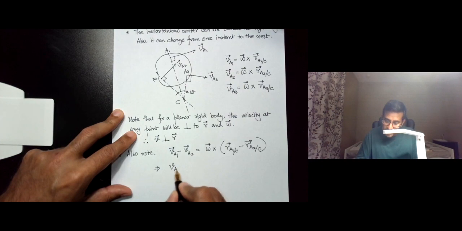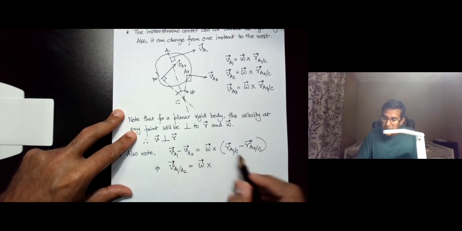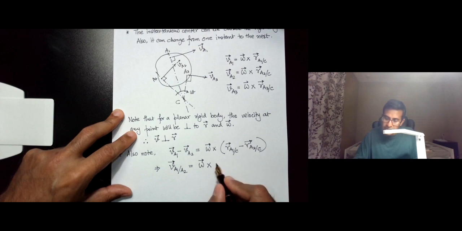So velocity of A1 with respect to A2 is equal to omega cross, and RA1 with respect to C minus RA2 with respect to C is indeed RA1 with respect to A2.